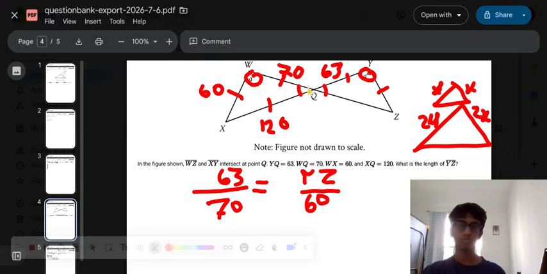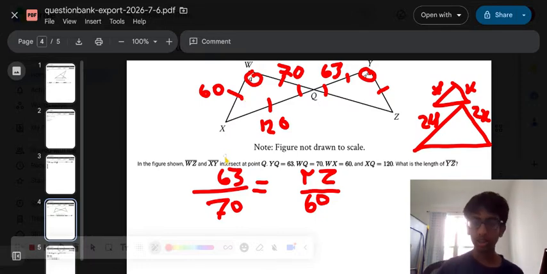In other words, QX and QZ correspond to each other, since the angles of WXQ correspond with the angles of YQZ and QZY. So we need to make sure that your lines match up so that you can get that proportionate relationship.